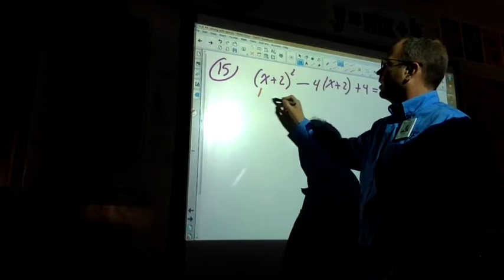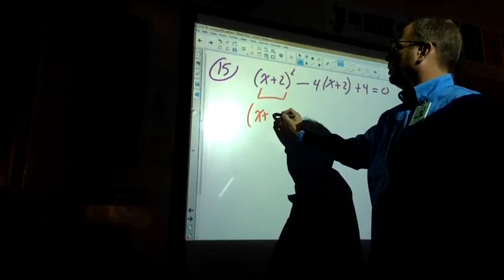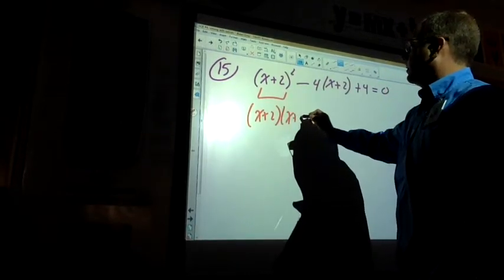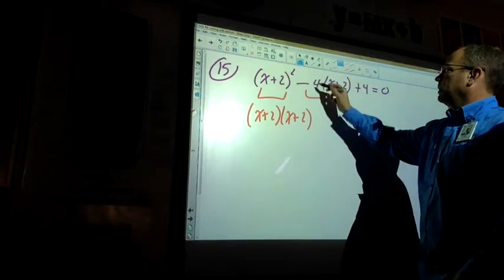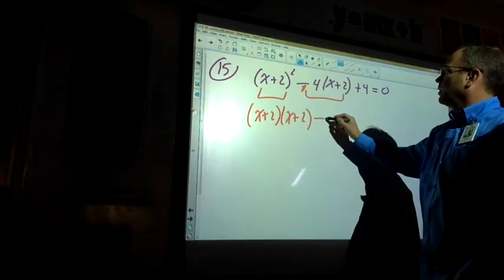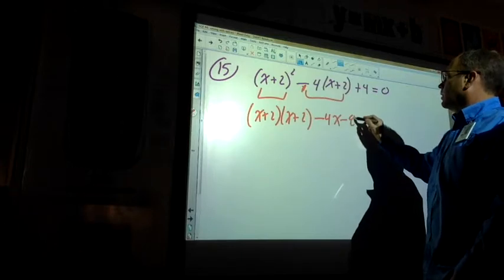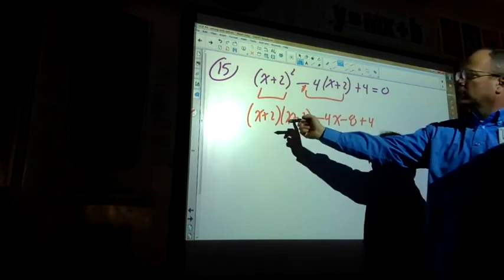So this here breaks down to x plus 2 and x plus 2, that would be multiplied together. This, I'll just distribute the negative 4 over both, and plus 4. Okay, so let's then multiply this out.